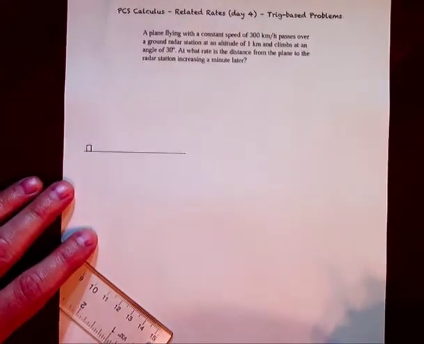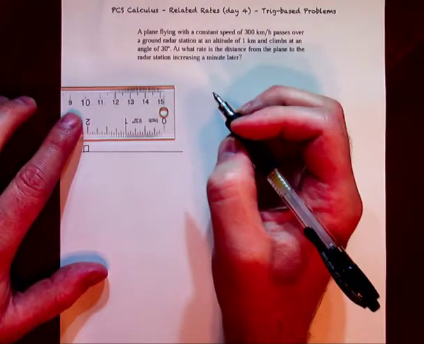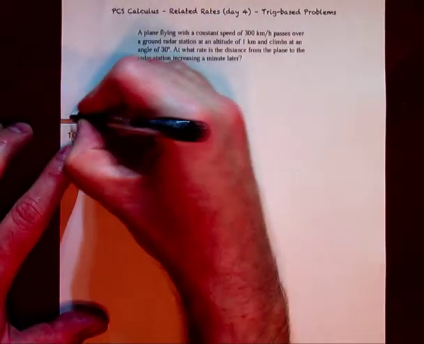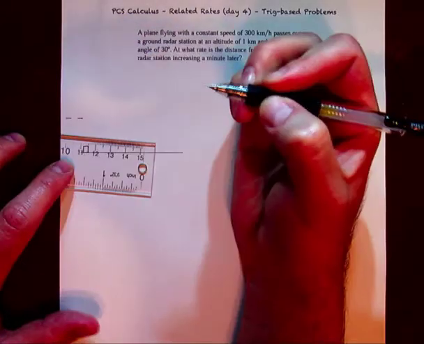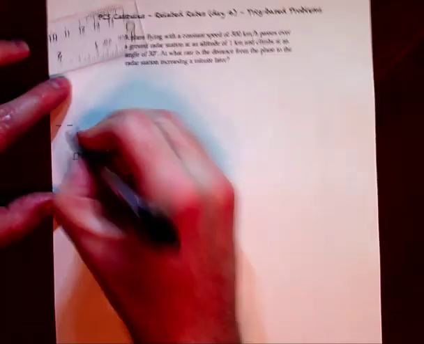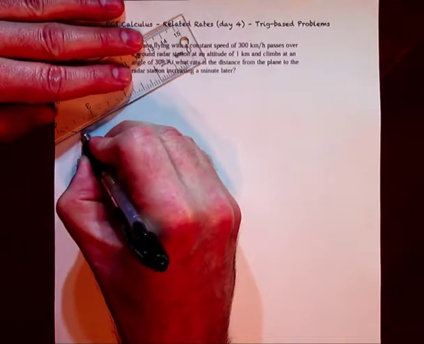That's that little box. The moment that the plane is over the radar station, it starts to climb at an angle of 30 degrees, which looks kind of like that.